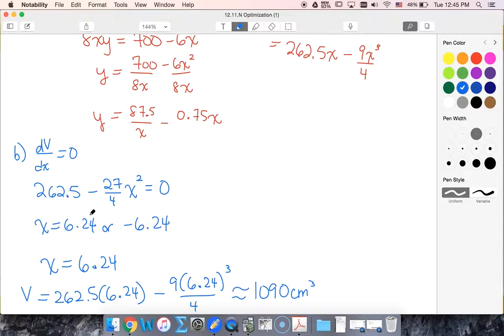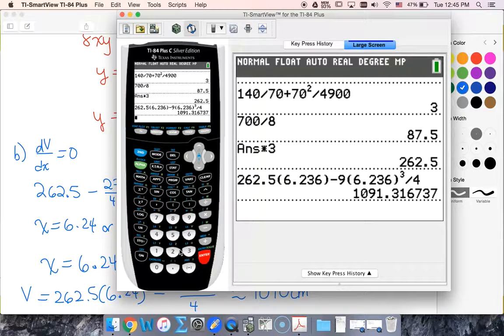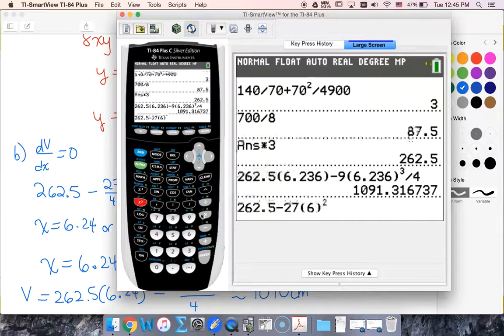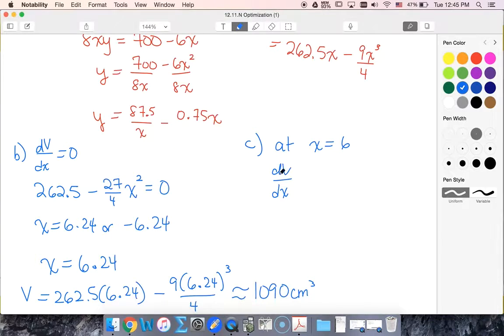So I want to make sure that if it's a maximum, then my function should go from increasing to decreasing. So at x equals 6, dV/dx is, let's see what happens. 262.5 minus 27 times 6 squared over 4. I get a positive number.